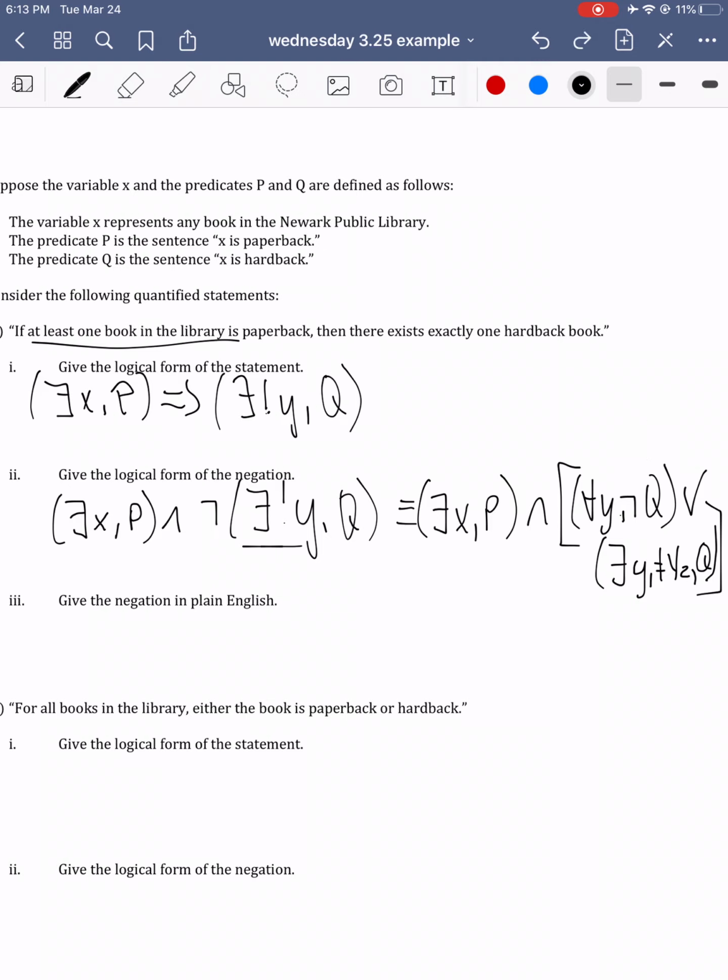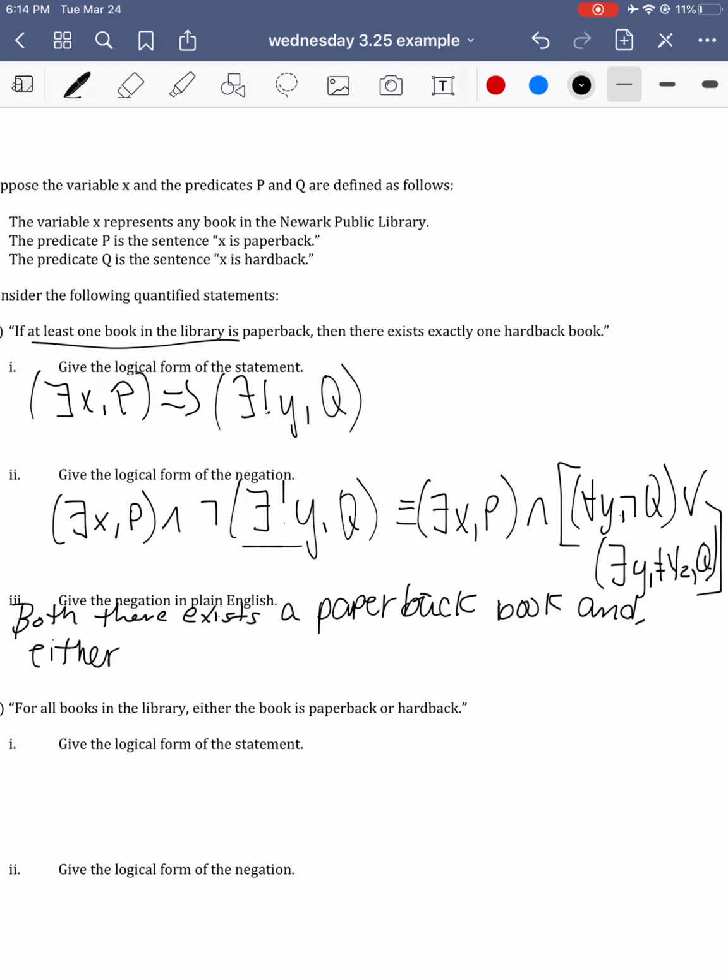So if I put this back into plain English, the negation here, our whole connective here is an and statement. So I'm going to start with the word both. So both, there exists a paperback book and.